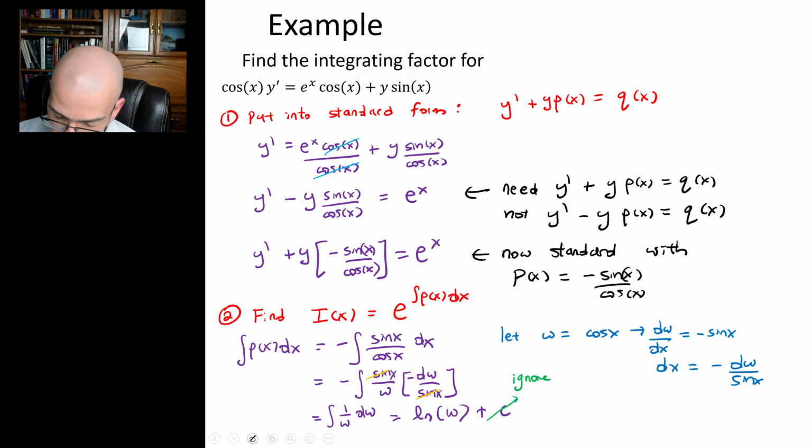But what we should do is put this back in terms of x. So ln of cosine of x.